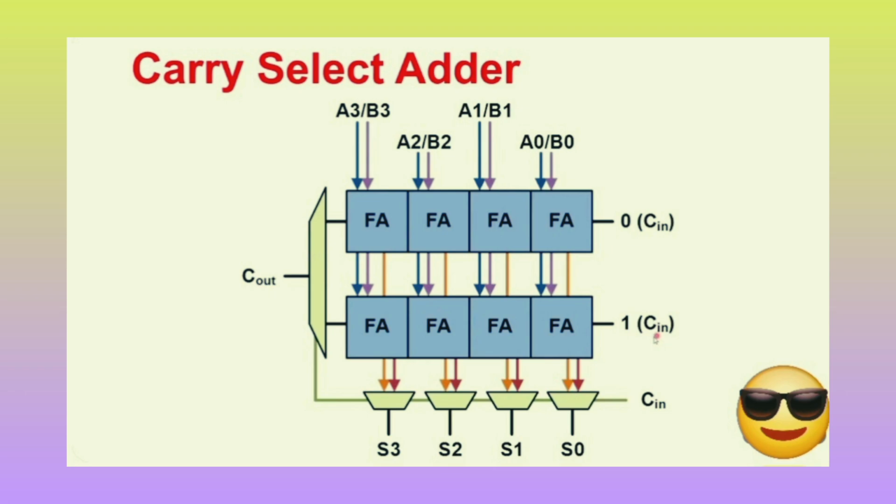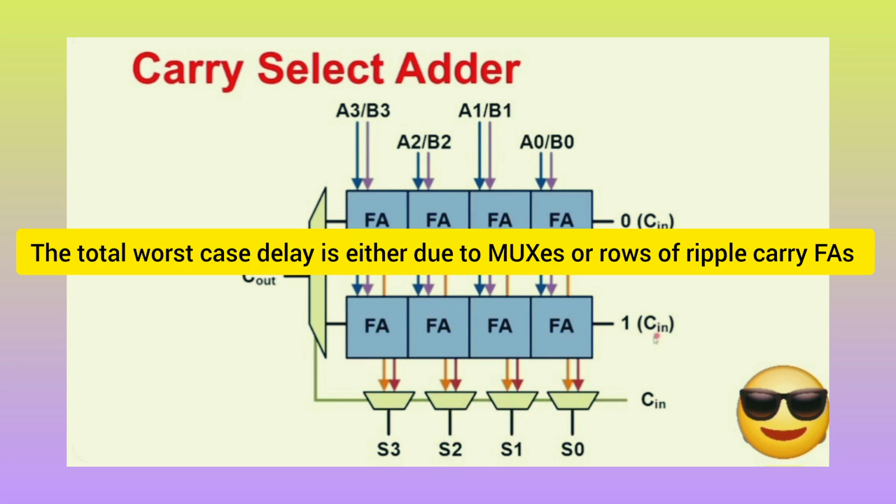The second component is the multiplexer select delay, the time from when the actual Cin arrives to when the multiplexers output the correct selected result. The total worst case delay is whichever of these two components finishes last.